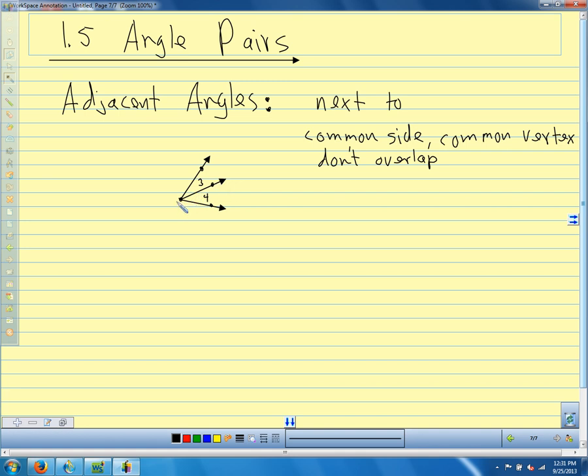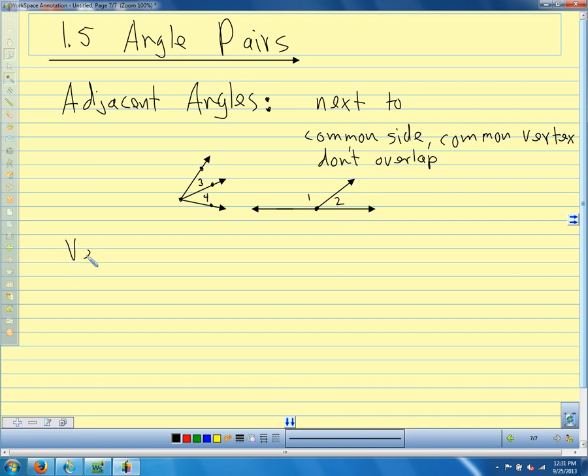So those two angles are next to each other. Another example of adjacent angles would be something like this. Angle 1 and angle 2 are adjacent. Their common side here and their common vertex right there. So for adjacent angles, all we mean is they're next to each other.